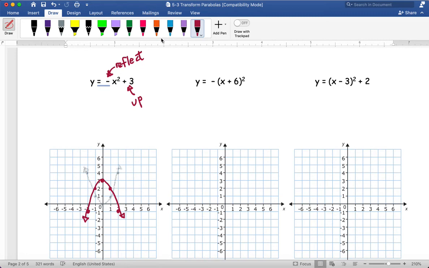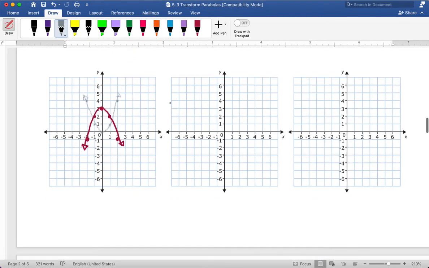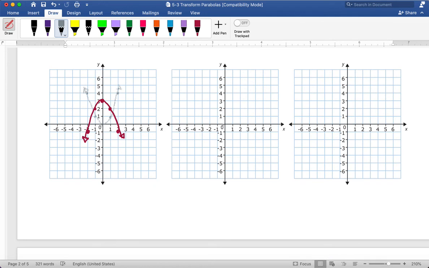The next one, let's do parent function. I'm going to do parent function on both of these coordinate planes. 0, 0, 1, 1, 2, 4, axis of symmetry, right? This is 2 units to the left. I mean to the right. I need 2 units to the left. And 1 unit.